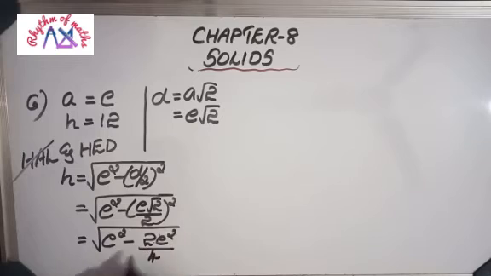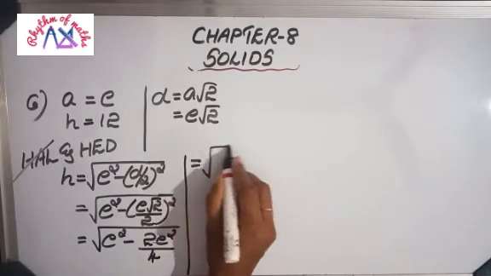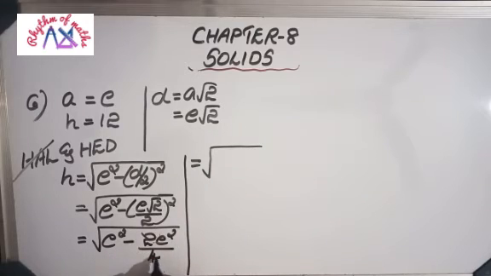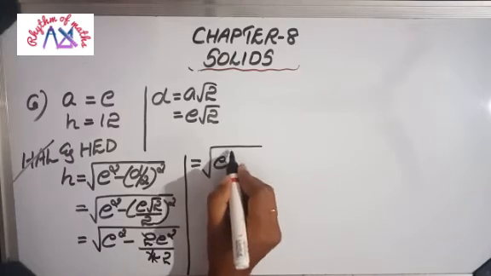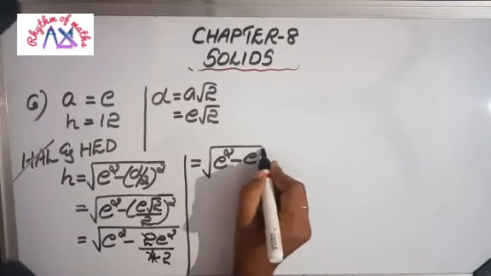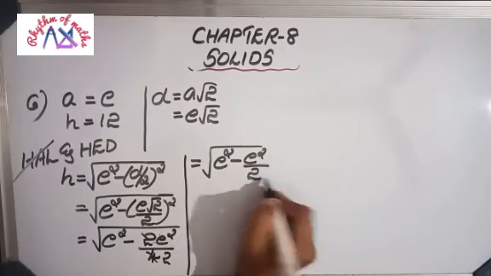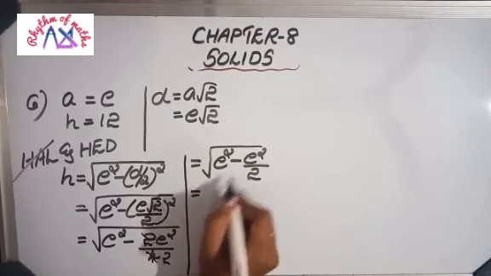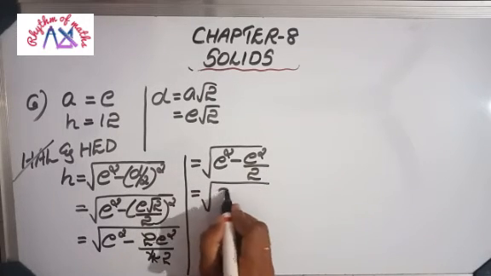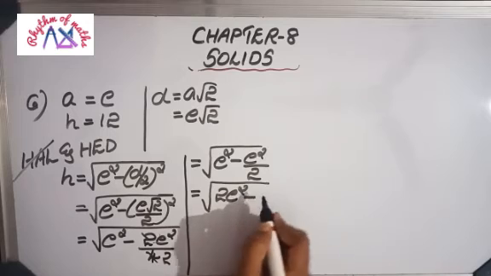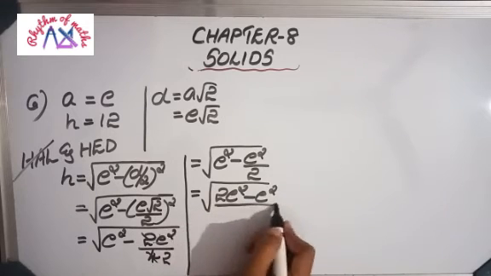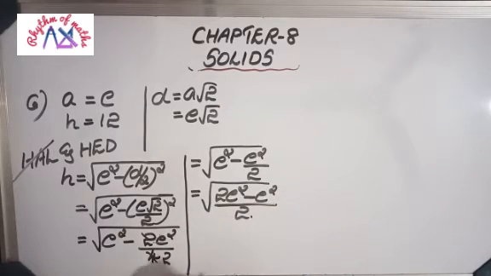Those 2 and 4 we can cancel, so here it will be 2. So e square minus e square by 2. Now cross multiplication, that is (2 e square minus e square) whole divided by 2.